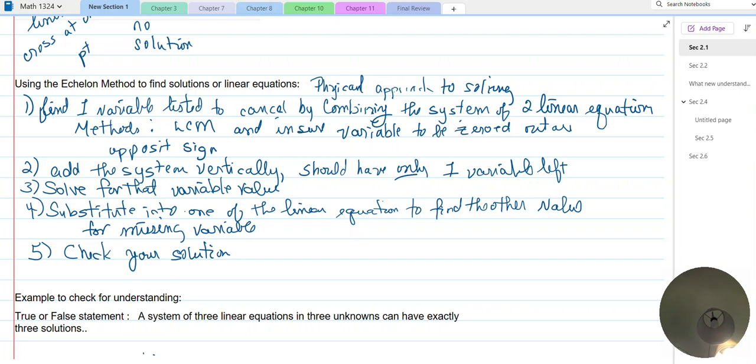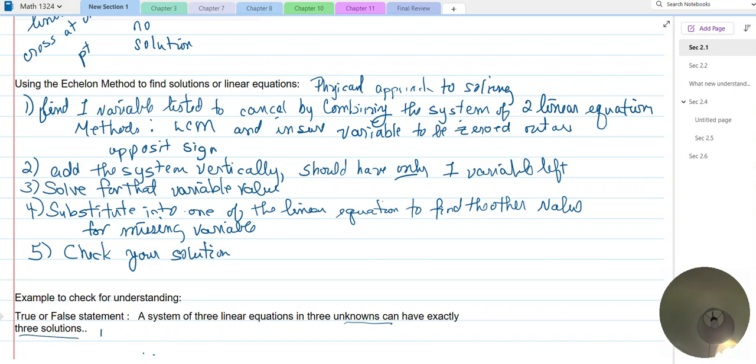Okay, so now we're ready for first to check for understanding that you've understood what I've just stated, at least with one of the questions, and it's a main one. It says, true or false? A system of three linear equations in three unknowns can have exactly three solutions.